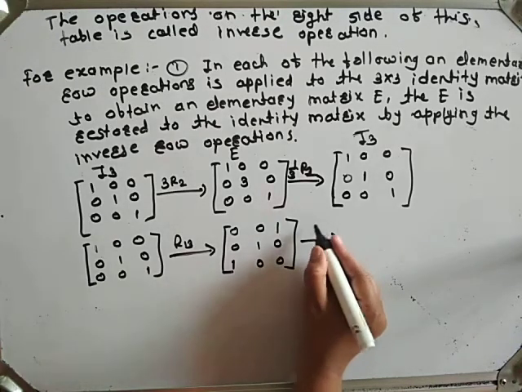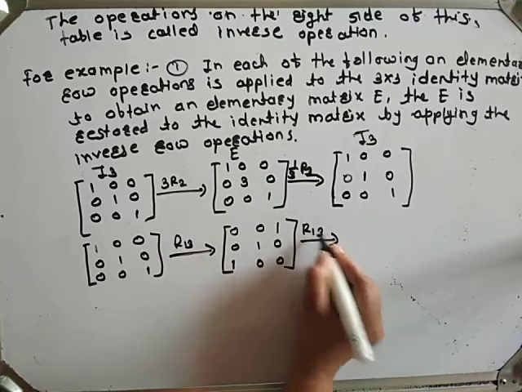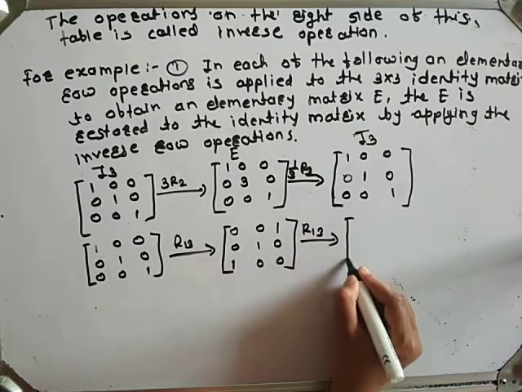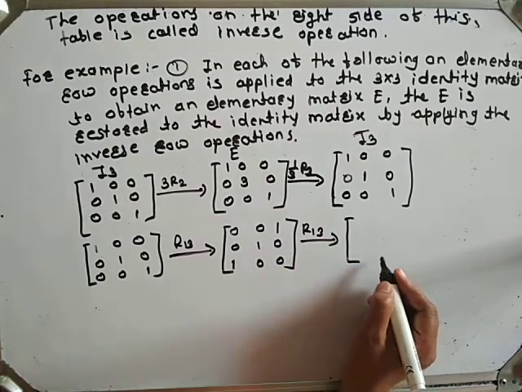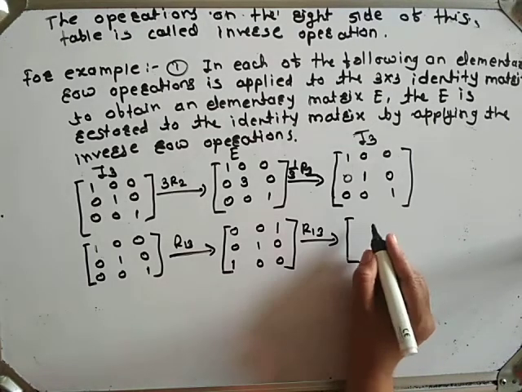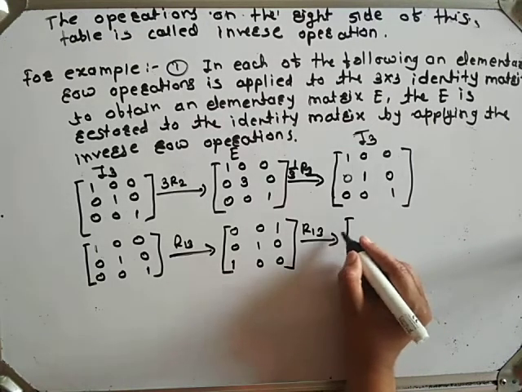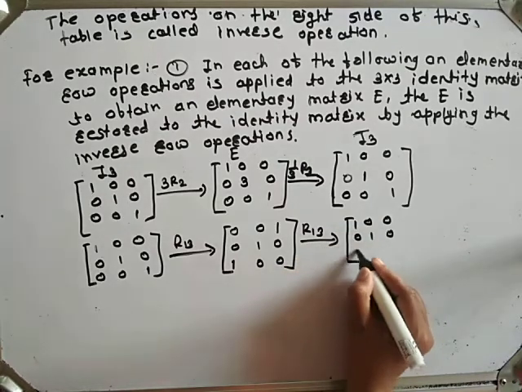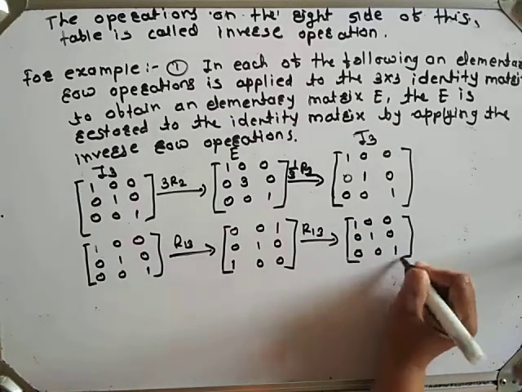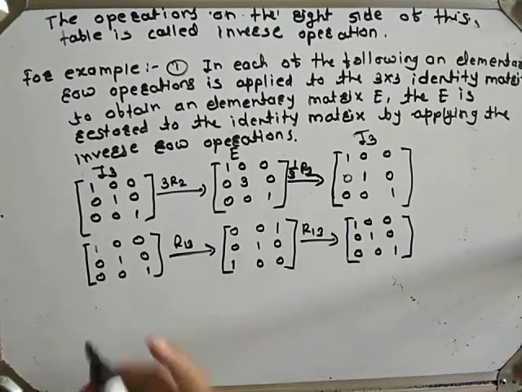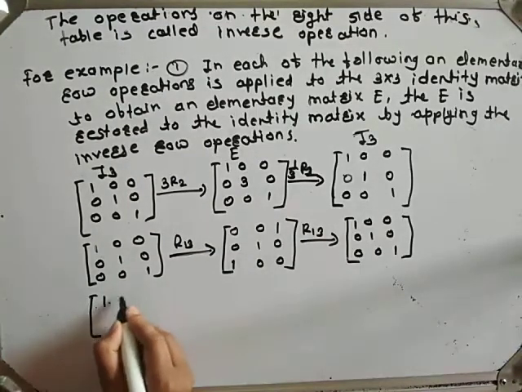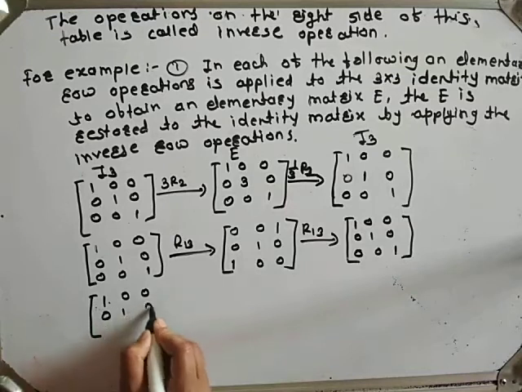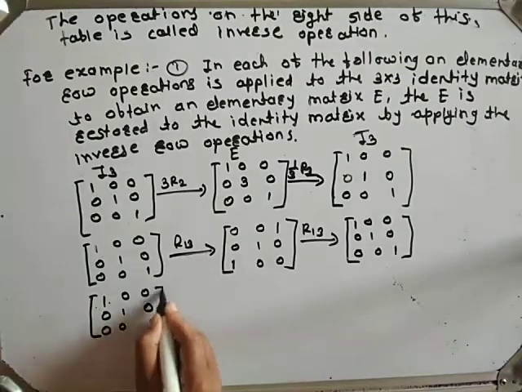Here we have to apply the same row operation R13 again. Then we get the I3 matrix back again.